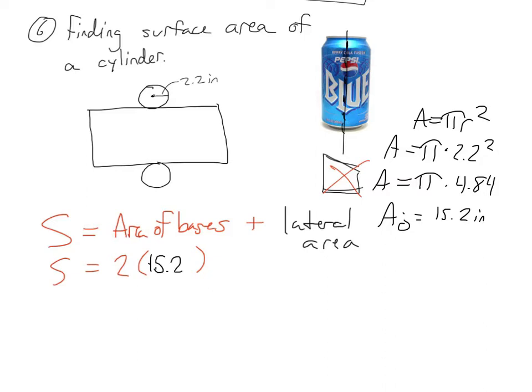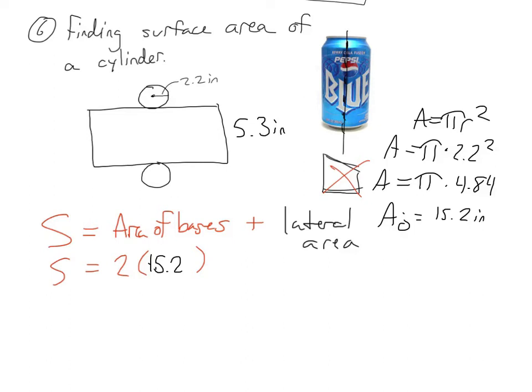So I'm going to insert that, 15.2, there. Now keep in mind that we've got to add the lateral area, so it's going to be this times this. Let's say the height of the soda can is 5.3 inches. But what's the length of that there? Now this is super, super important. Let's think about how that length would be created if we cut that soda can down the middle.